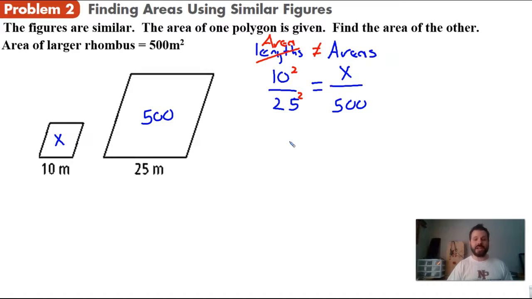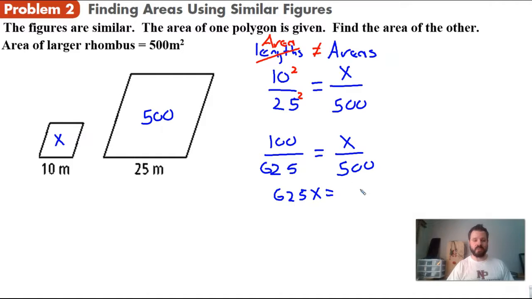So the proportion I'm actually going to solve here would be 10 squared, which is 100, over 25 squared, which is 625, is equal to x over 500. Okay, now this is an area ratio, and I can use that to solve for areas. So I can cross multiply and divide. 625 times x is just 625x.